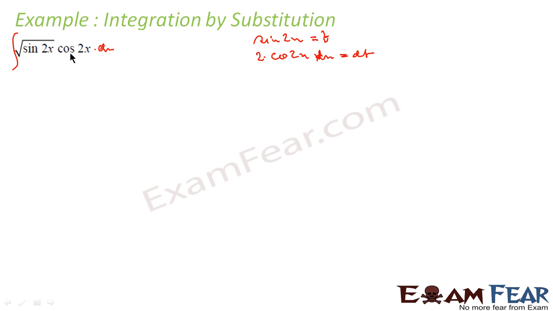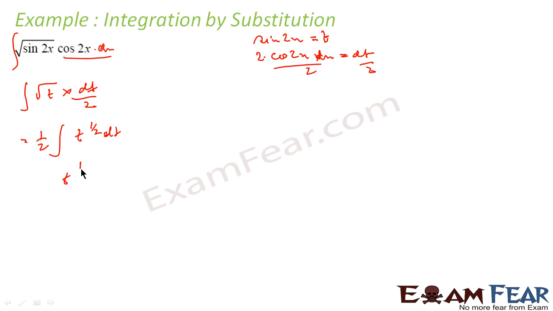And here, now let's see if you have cos 2x dx term here. Yes, we have cos 2x dx term. So this guy will become root of sin 2x is t into cos 2x dx is nothing but, you divide both sides by 2, dt by 2. And this is a simpler equation because 1 by 2 is constant here, t to the power 1 by 2 dt, and that is nothing but t to the power 1 by 2 plus 1, this whole thing into 1 by 2 constant plus some constant, correct?